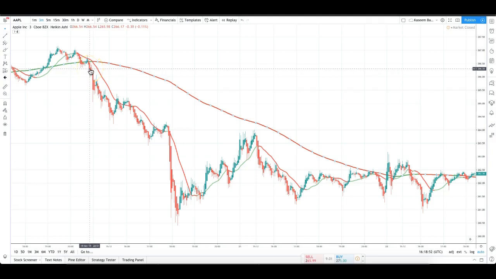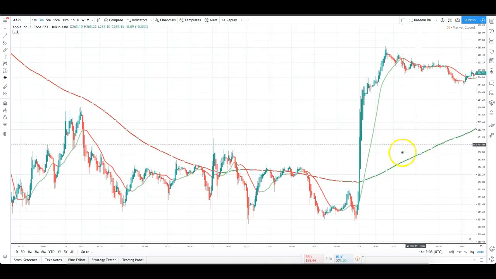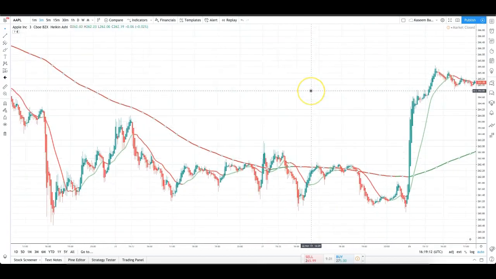What are prices currently doing right now compared to the 200 period moving average? Because remember, when prices are above it, we're only looking to buy the green parts, which is to buy calls.